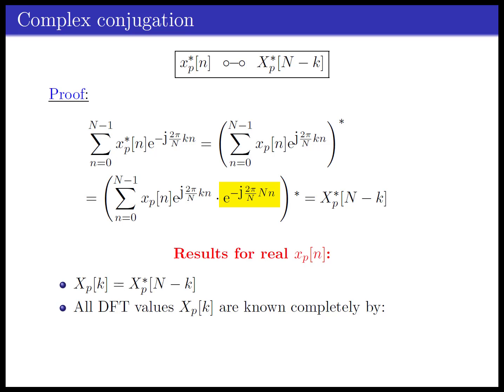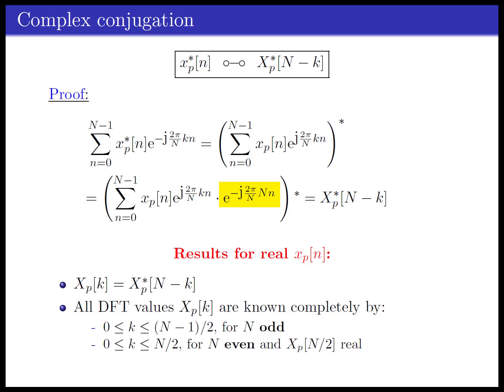The other half can be obtained from the resulting symmetry property. More specifically, the range of DFT coefficients that we need to calculate for a real signal is given by this first equation for N odd and this second equation for N even. Moreover, when N is even, the middle coefficient is equal to its complex conjugated value. In other words, it's a real number.